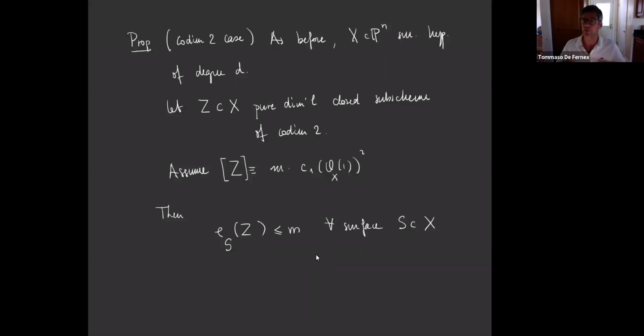You notice that as we increase the codimension, we are also increasing the dimension of the cycles on which we are estimating the multiplicity. So I will not be able to say anything about the multiplicity of Z at points, of course, but also along curves. So in principle, multiplicity along curves may actually be more comparable to the degree of X as well. But as soon as they go to surfaces or higher dimension, then I can bound the multiplicity uniformly, independently of d.